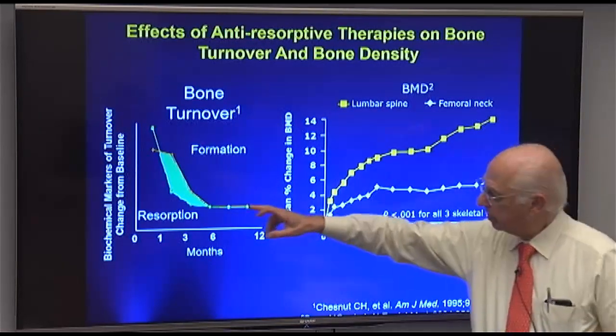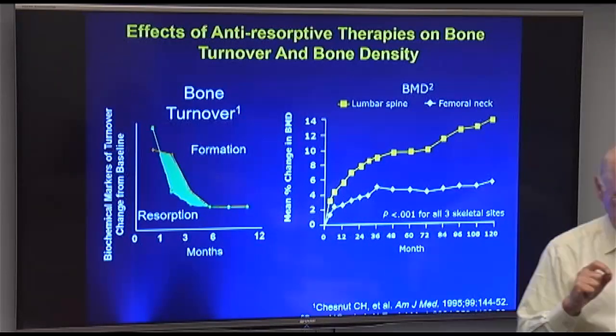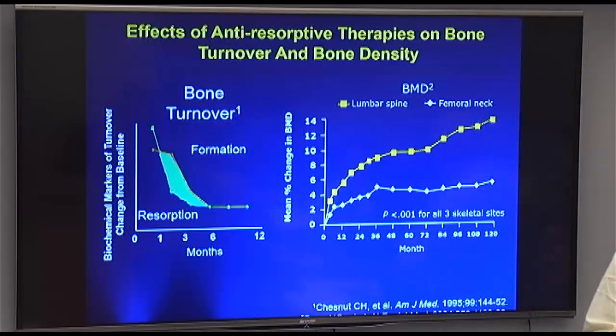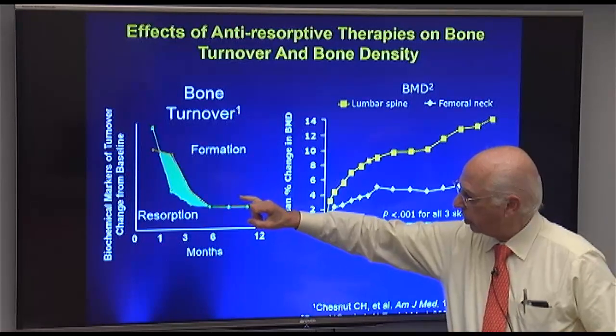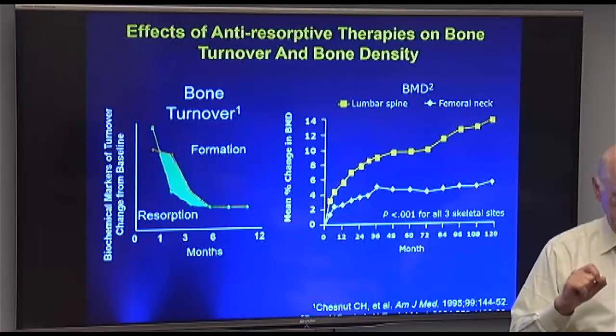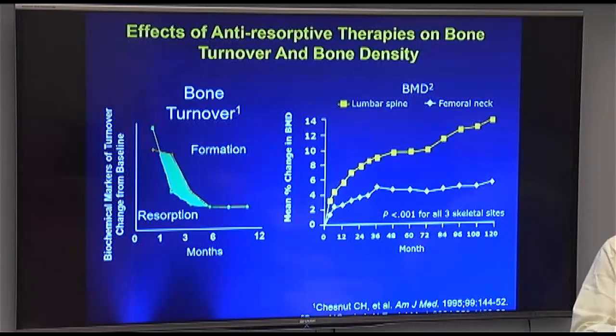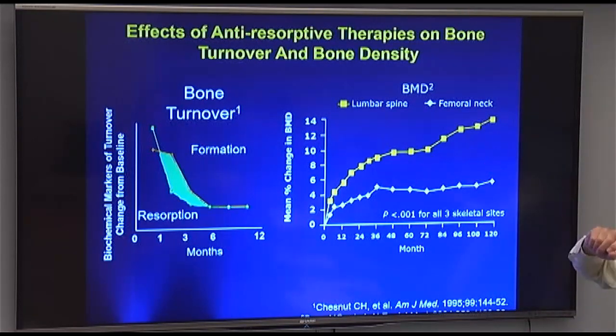The time difference between the rapid effect to reduce bone resorption and the later effect to reduce bone formation gives you a little bit of a window whereby bone balance is going to be positive. You're reordering that negative calcium balance. And as a result, bone density is going to go up.